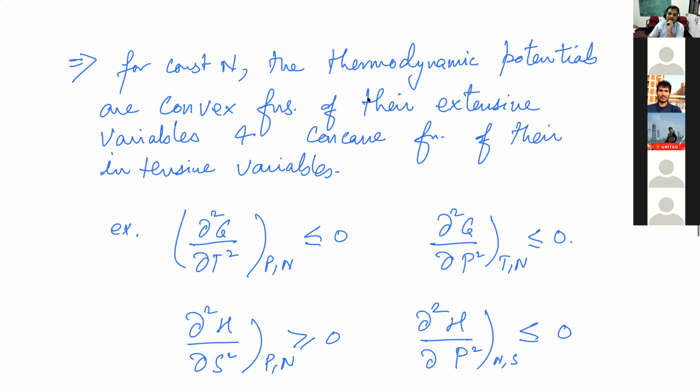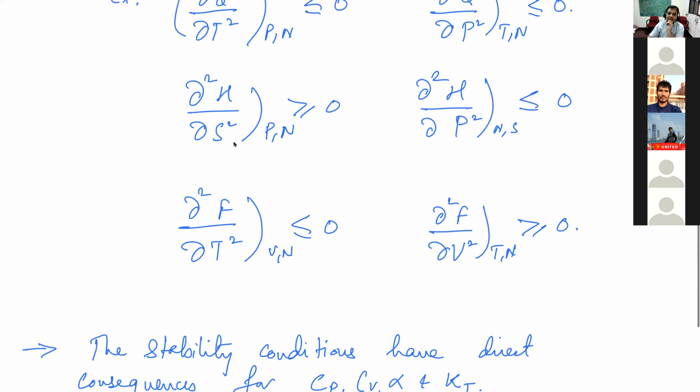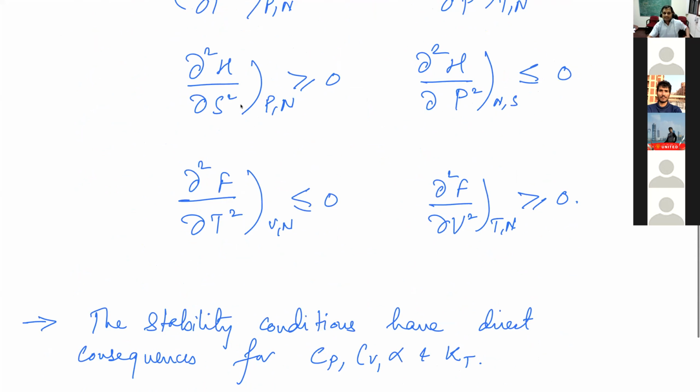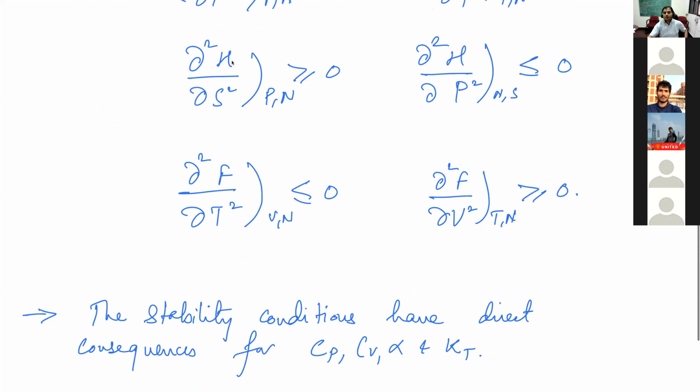So for example, if I think in terms of the enthalpy, I should get a relation like ∂²H/∂S² at constant pressure and N. This will behave very much like the energy relation, so greater than or equal to 0. But if I write this in terms of the intensive variable, ∂²H/∂P², then because this picks up a negative sign as compared to the energy, this should be less than or equal to 0.